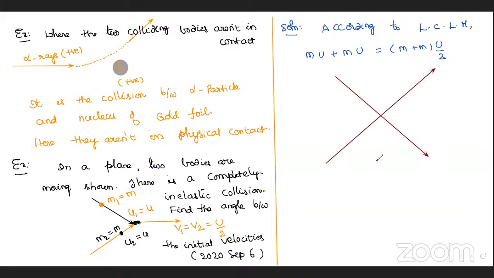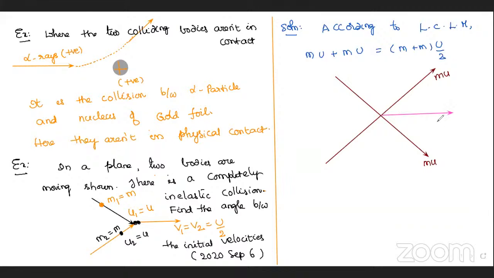This is the first particle, mu, what you are saying. And this is the second particle going upwards, mu. Finally, suppose the particle comes out like this, means the combined mass after striking sticks together and comes like this.